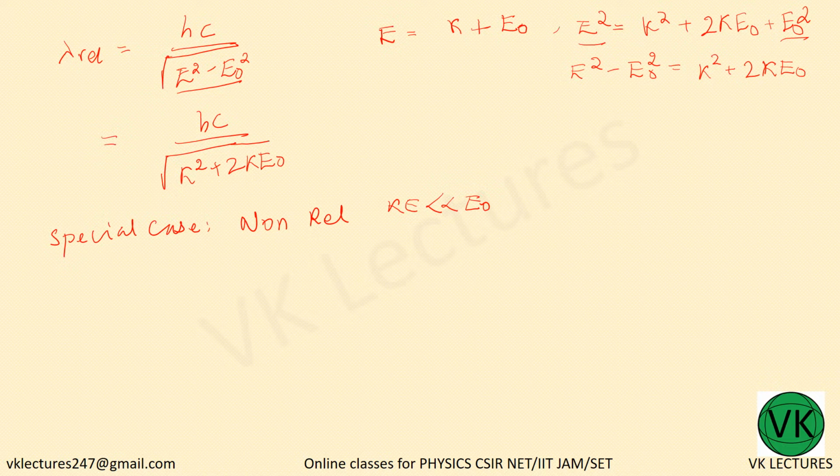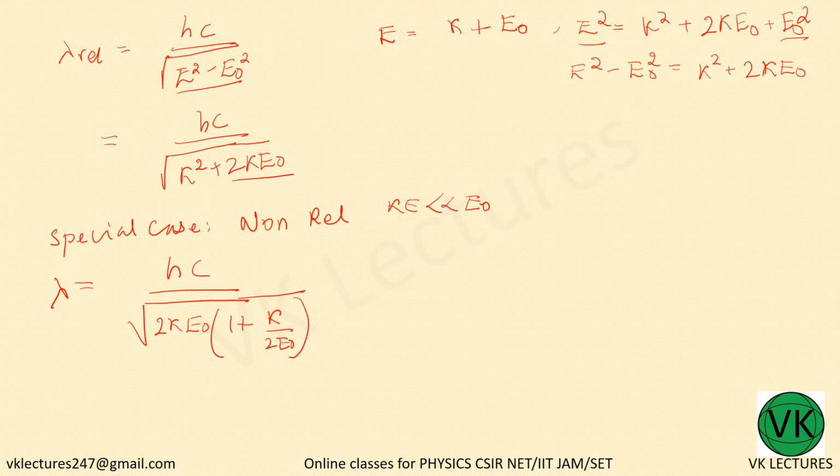So here what we can do is write lambda is equal to hc divided by under root, take 2K E naught common, so 2K E naught into 1 plus K divided by 2 times E naught.